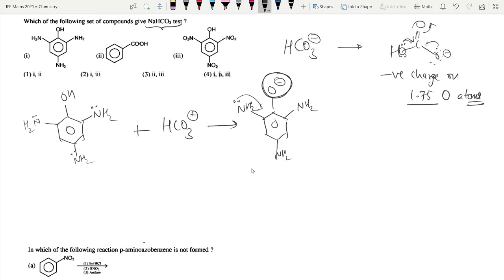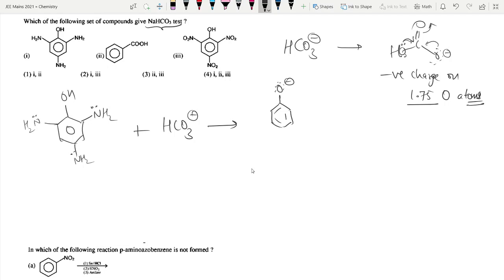Suppose the lone pair moves here and there is a double bond, it can go here or no. Wait a minute. I don't think it will pass the test, because if there is no resonance also, then the minus charge is only at one oxygen.